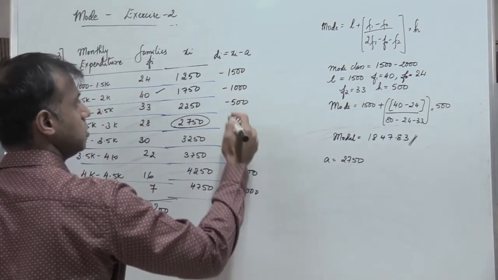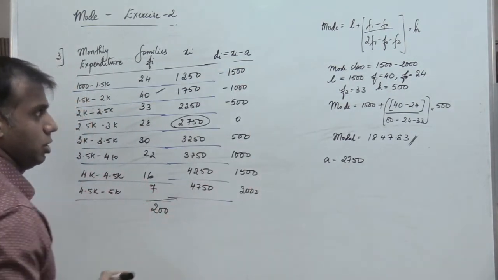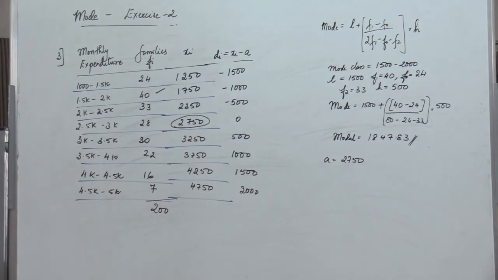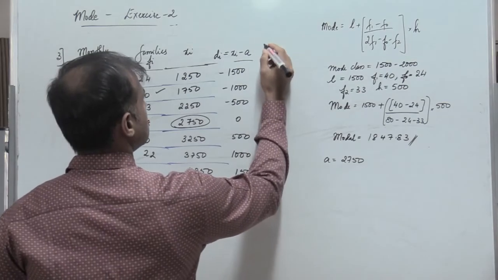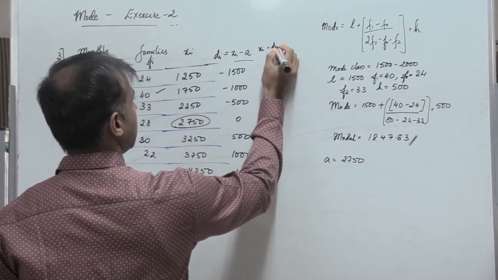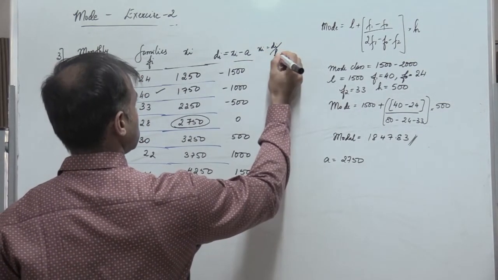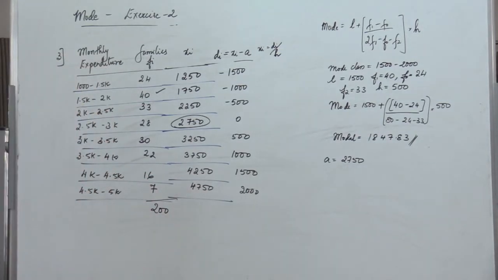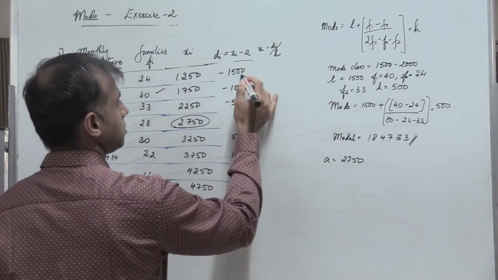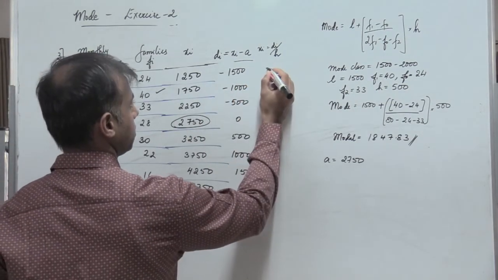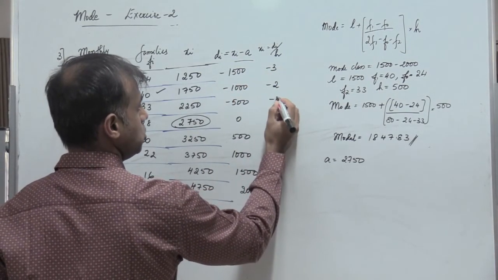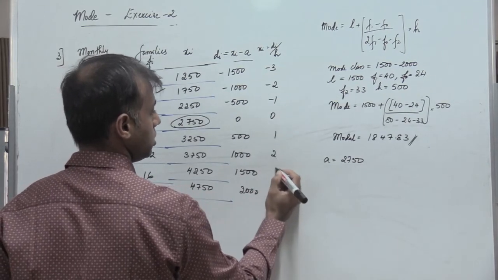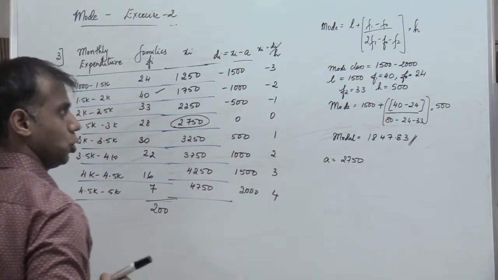These values differ by 500. Next we divide by the value of h. So ui is di divided by h. h is 500, the class size. So 1500 divided by 500, we get minus 3, minus 2, minus 1, 0, 1, 2, 3 and 4.